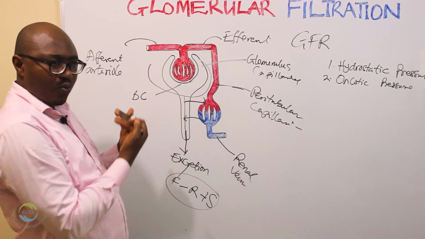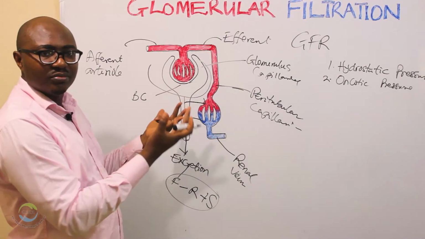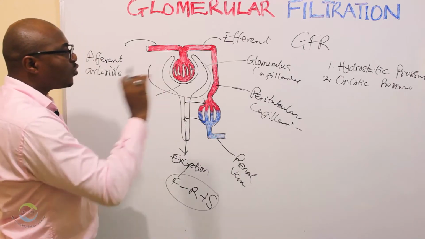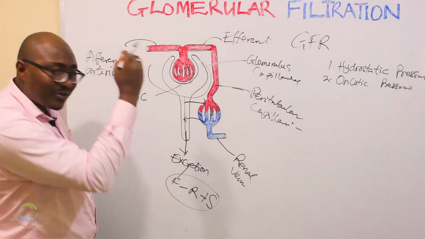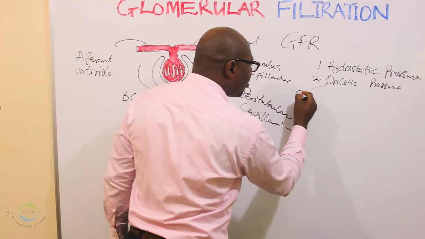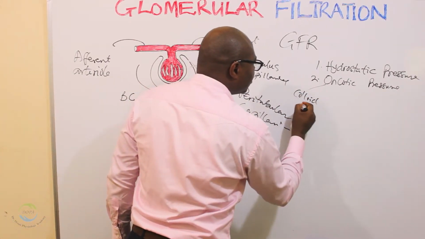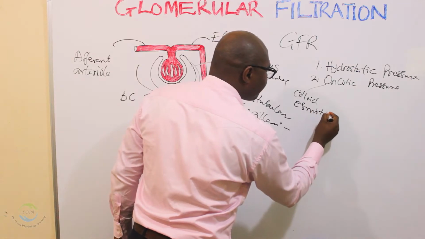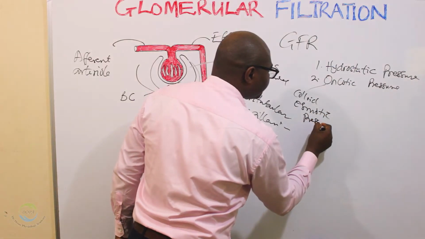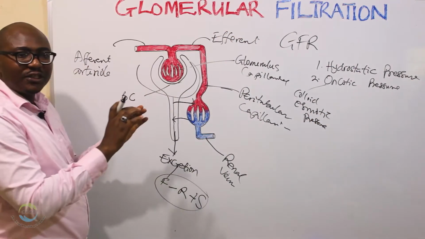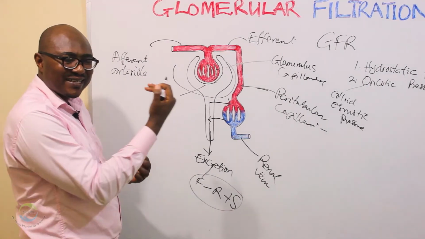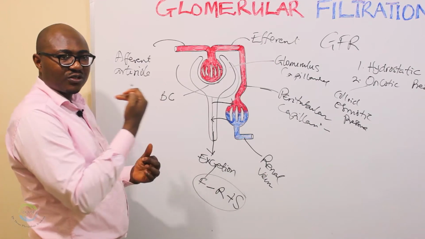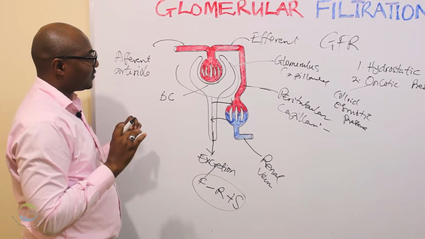Hydrostatic, water, water makes up most of the plasma, so it's from the blood pressure. Another name for oncotic pressure is colloid osmotic pressure.